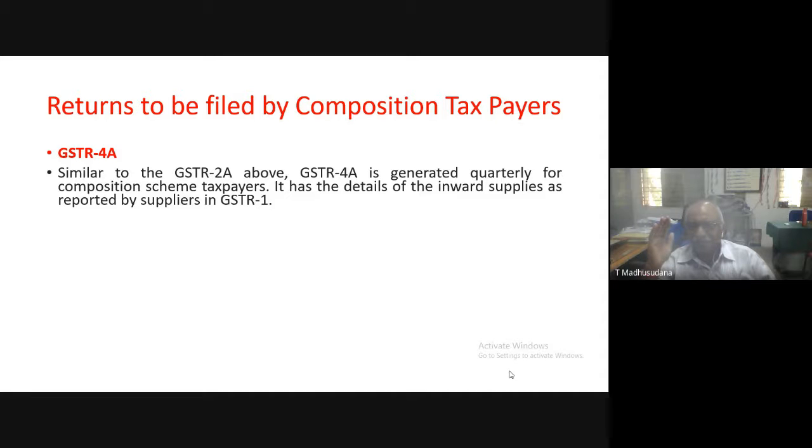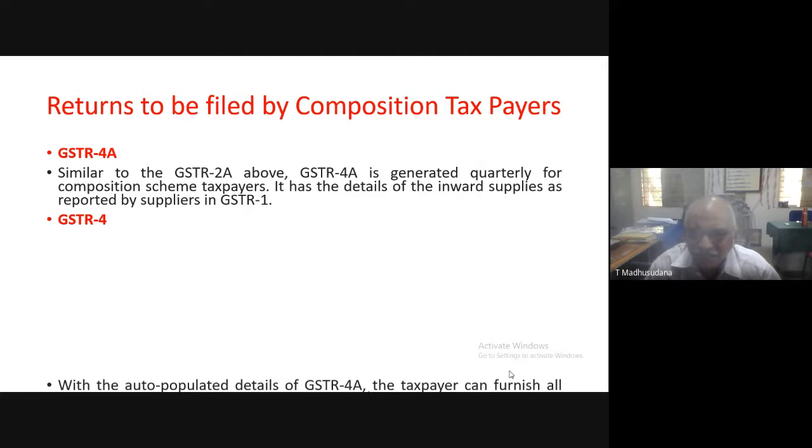In this GSTR 4A, all the information that is filled in GSTR 1 is the same. That means all the details are the same as the details in GSTR 1. So that is the quarterly return, GSTR 4A, to be submitted by the composition taxpayers.